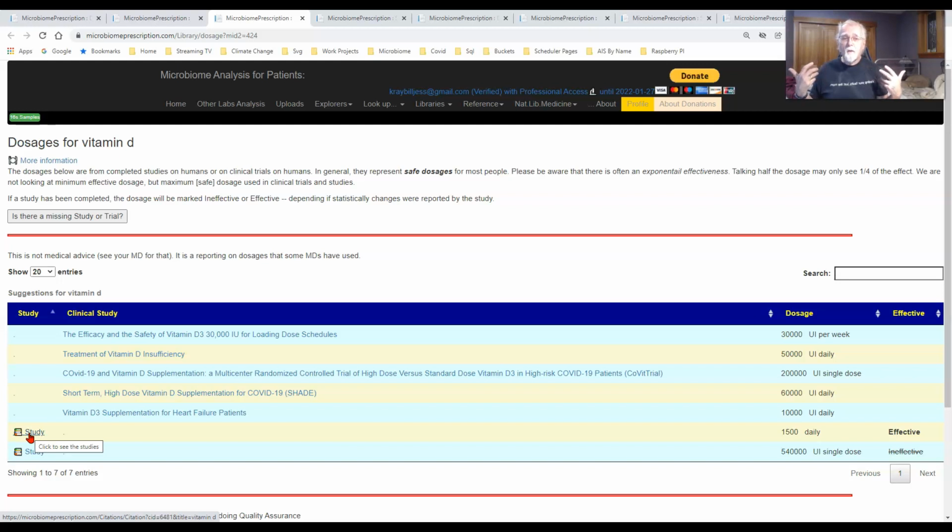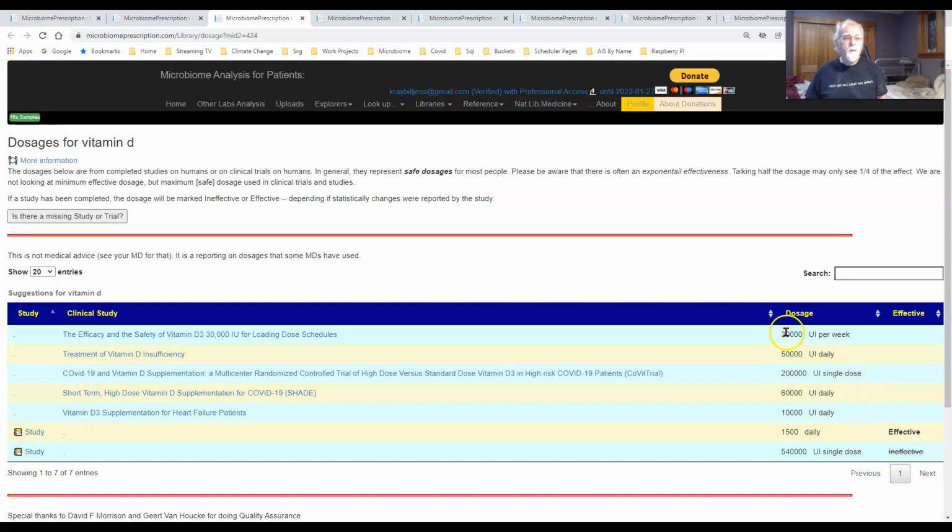And we have here actual studies where they were trying to test something and tested whether or not they got results. And here we have one where it was effective at 1500 daily. Here we have one where it was 500,000 as a single dose and it was ineffective. It didn't produce the response that was expected for what was being measured.